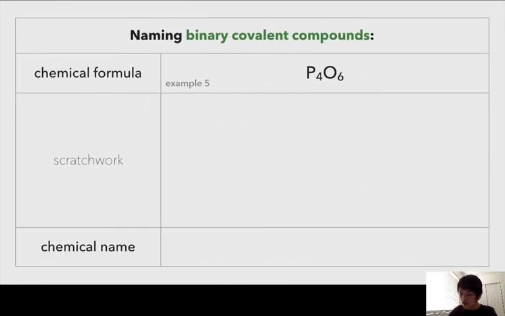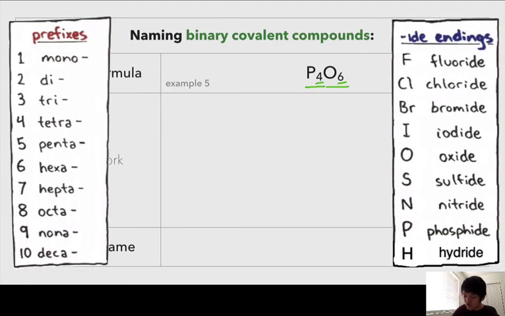Example 5. Here we have 4 phosphorus and 6 oxygens. Now phosphorus, the name is going to be unchanged. And oxygen is going to have an "ide" ending. It becomes oxide. And now we're going to add prefixes to indicate how many elements there are.